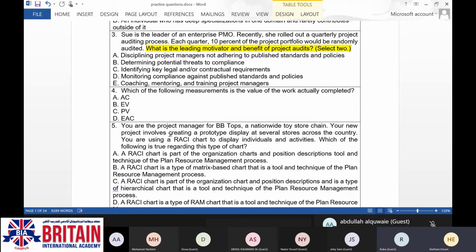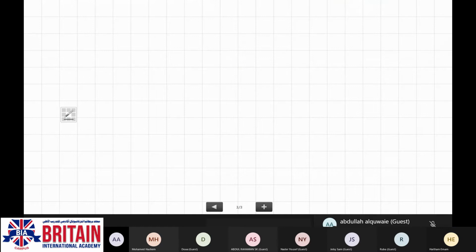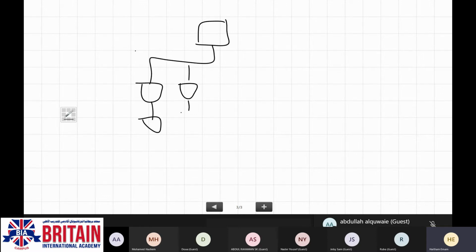When it comes to the RACI diagram, if you remember the RACI diagram, we are going to have it as a part of plan resource management. And when it comes to plan resource management, we are going to have, as I said before, the organization structure for your organization, and maybe a certain organization structure for your project.